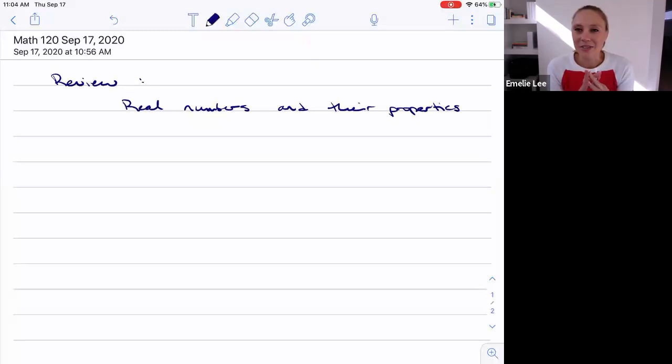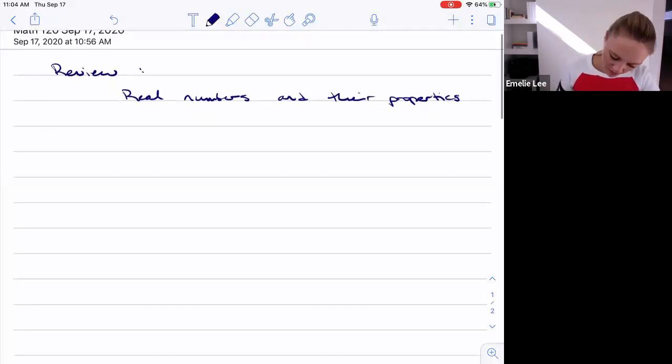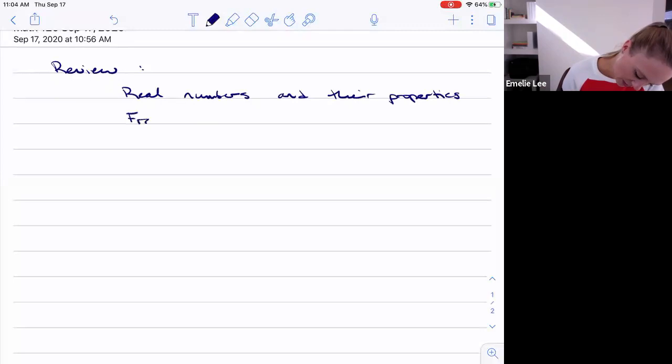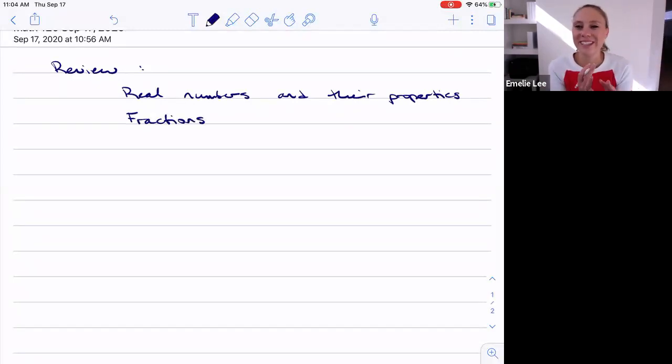We talked about negatives, right? How negatives behave, and we'll use that again today, and well, forever. But then we also talked about fractions, right? We talked about how we multiply and divide fractions, which is kind of easier than adding or subtracting fractions.